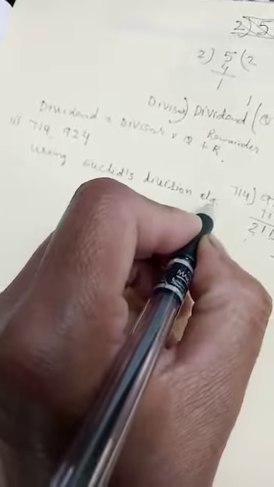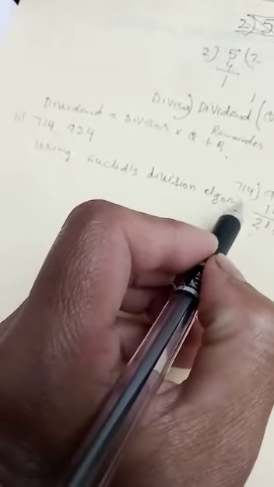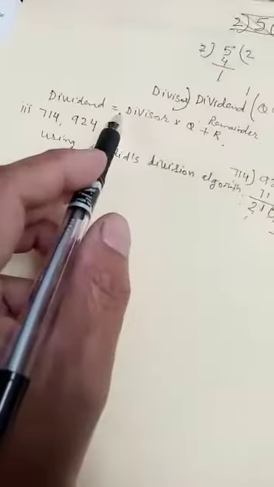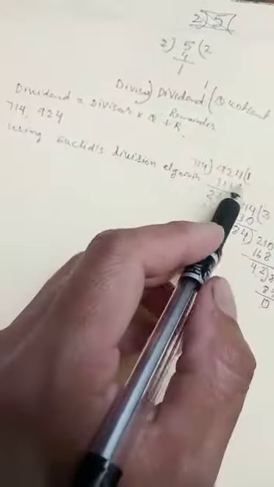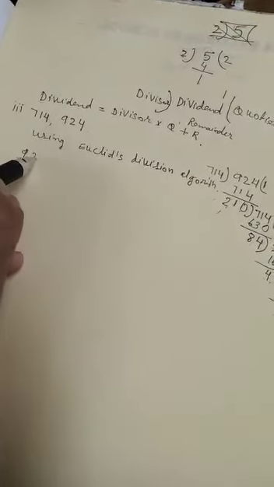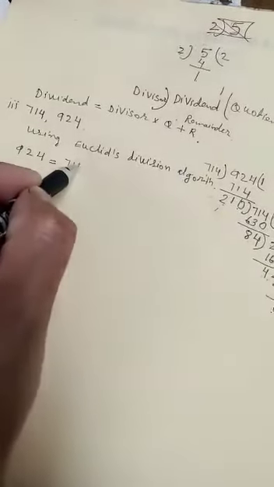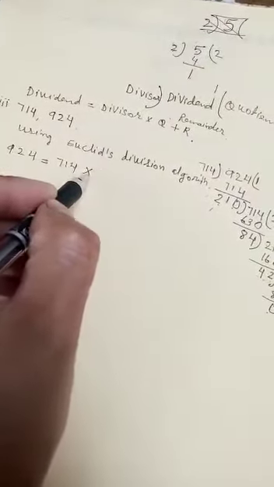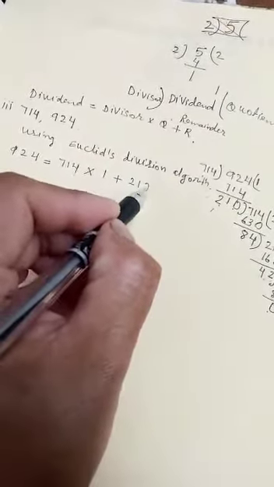Remember, each and every step we have to follow this one: dividend equal divisor into quotient plus remainder. So let us see the first step. Our dividend here is 924, the divisor is 714, into quotient 1 plus remainder 210.